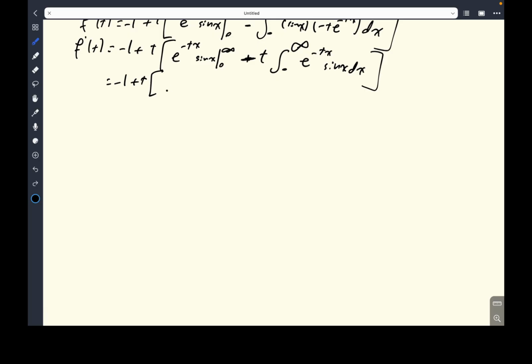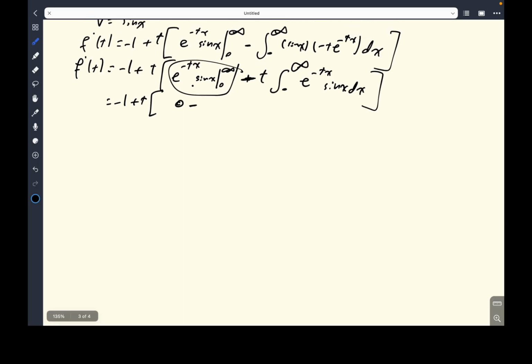So this term here, again, the whole thing here is going to be 0 minus. So here, my bad, it should have been negative. So this thing is going to become positive t e to the negative tx sine x.